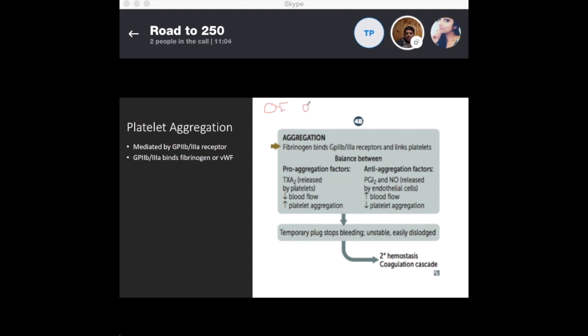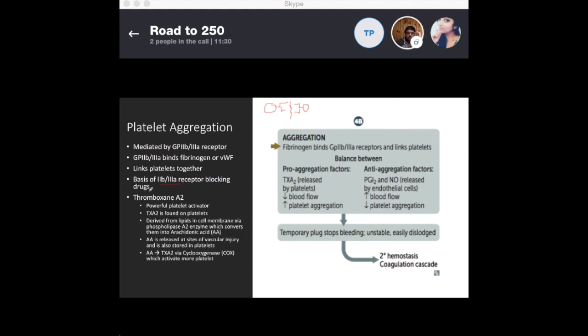Essentially, it can't meet another platelet with that receptor directly. It needs something in between, and that's going to be either your fibrinogen or von Willebrand's factor. Once that's present, these two will bind, and that's how the platelets link to each other. This is also where you can use the 2B3A receptor blocker drugs, which we'll talk about.